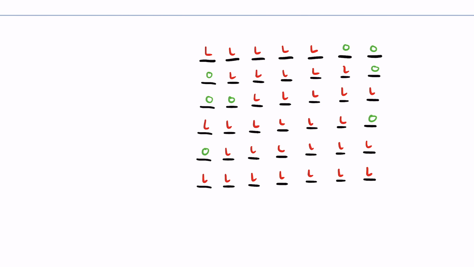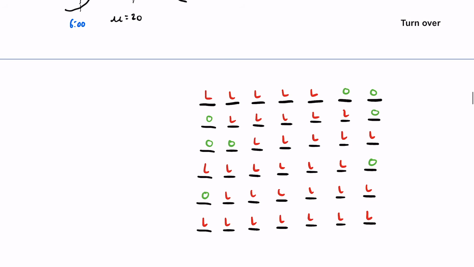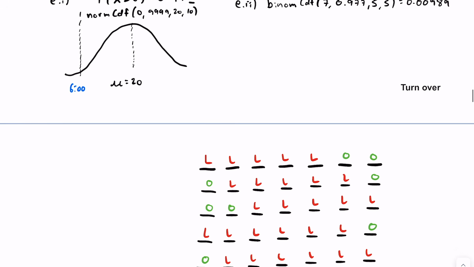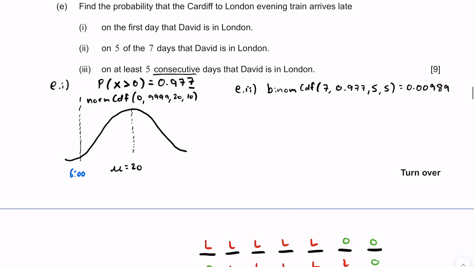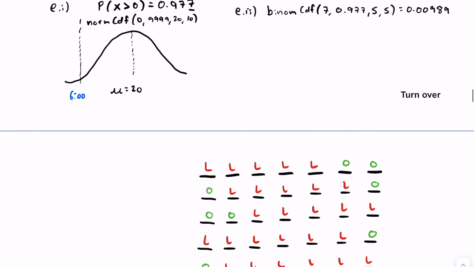So let's first look at the probability of this situation. That is to say 5 lates and then 2 on time. So what is the probability that the train is late? First off, remember these are independent events, so they don't influence each other.